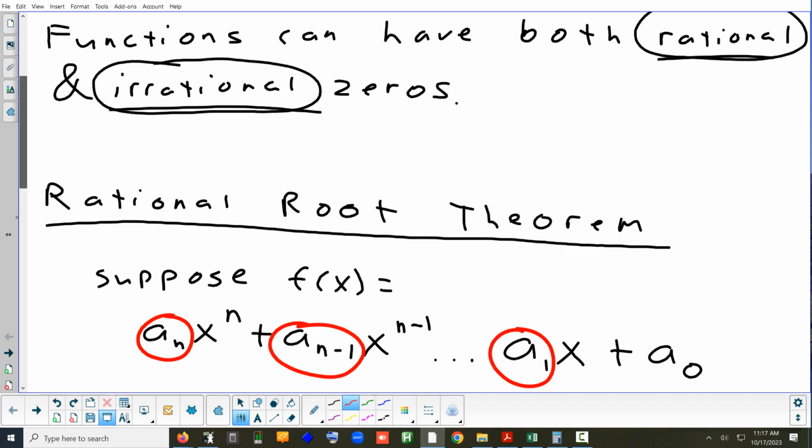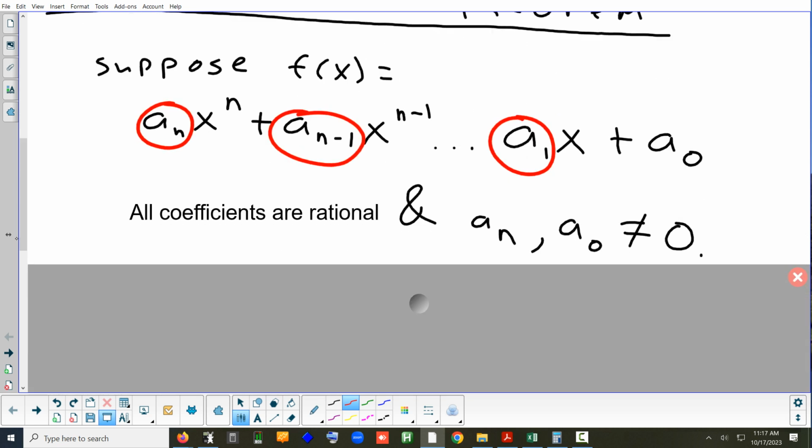The other thing that's important is, I'll underline them, the coefficient of the first term and the constant at the end cannot be a 0. So I'd never give you a problem where they are zeros if I want you to use this theorem.